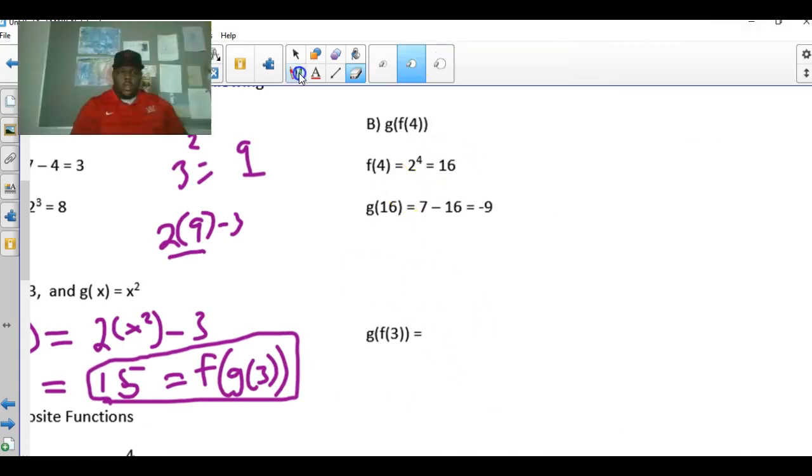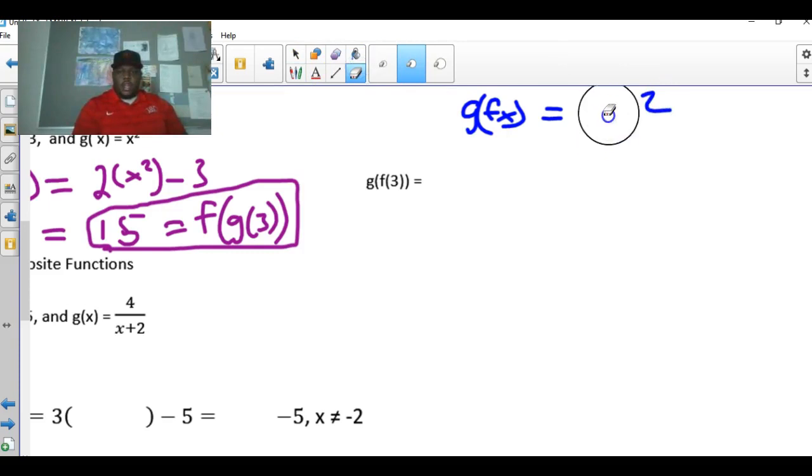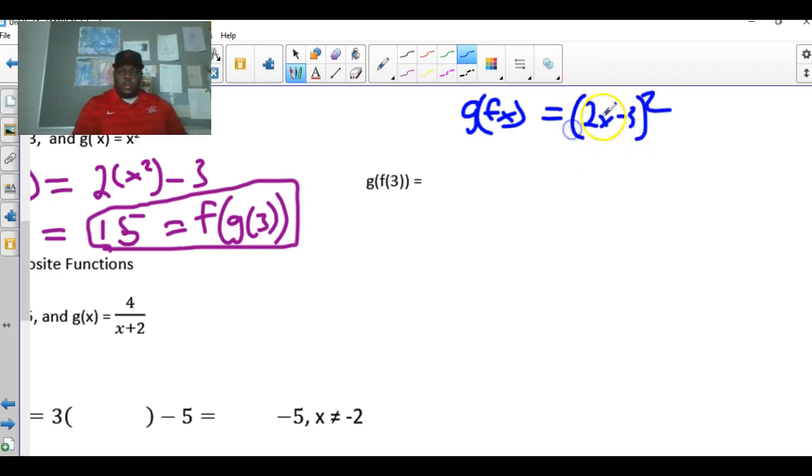Over here, we have g of f of 3. Well, I'm going to look at g of f of x first. Put f inside of g. So g is x squared, right? Instead of the x there, we're going to put f. So 2x minus 3, squared, because it would have been x squared. Now we have to evaluate in terms of 3.